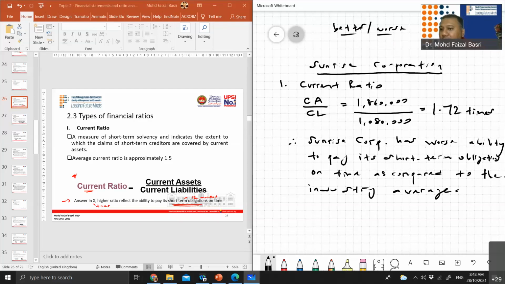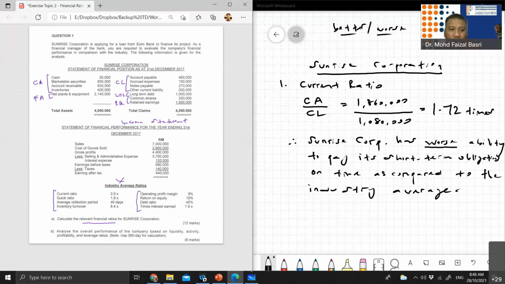So the underlined word, worse, can be better as well. If the score is more than 2, for example, remember the current ratio for industry is 2.0. Let's say the current ratio for industry is 1.5. Then obviously Sunrise Corporation has better ability because they have 1.72 as compared to 1.5.